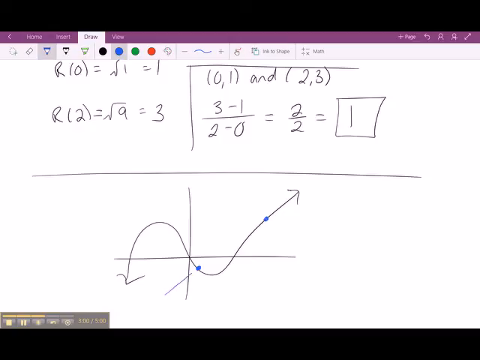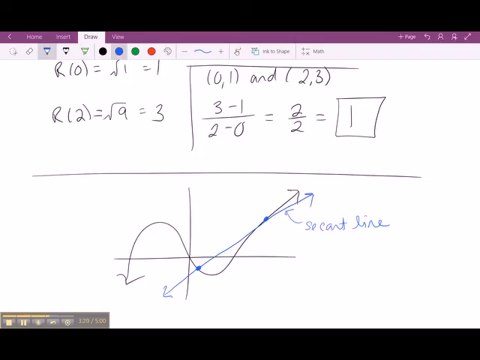So basically we found the slope of that line that would go through those 2 points. This line that is created by connecting 2 points on a graph is called the secant line. And you'll want to know what that is because that's a word that we use quite a bit in calculus.